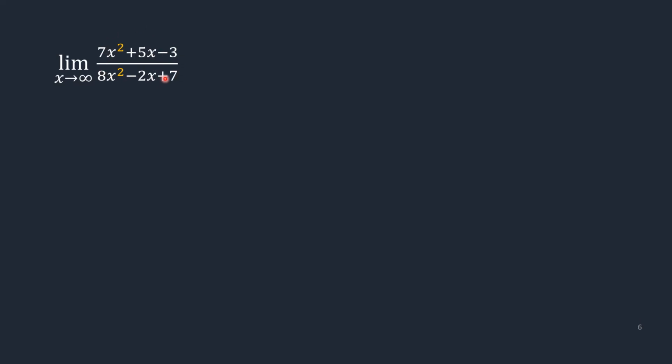Such functions are called rational functions. Now the degree of the polynomial in the numerator is 2 and that in the denominator is also 2. So this is a rational function wherein the degree of numerator equals the degree of denominator.